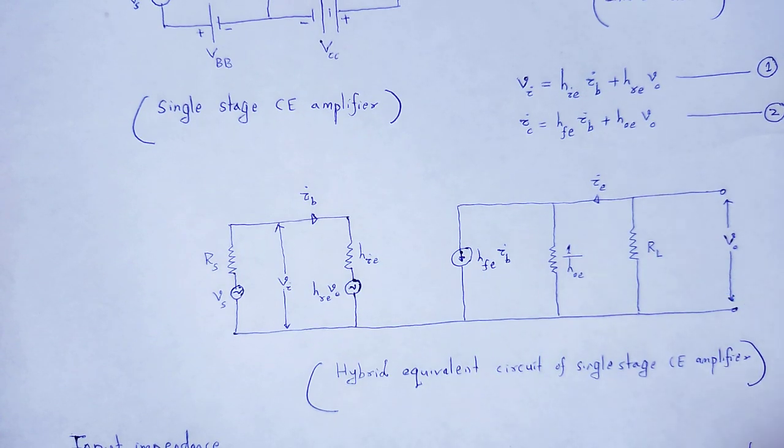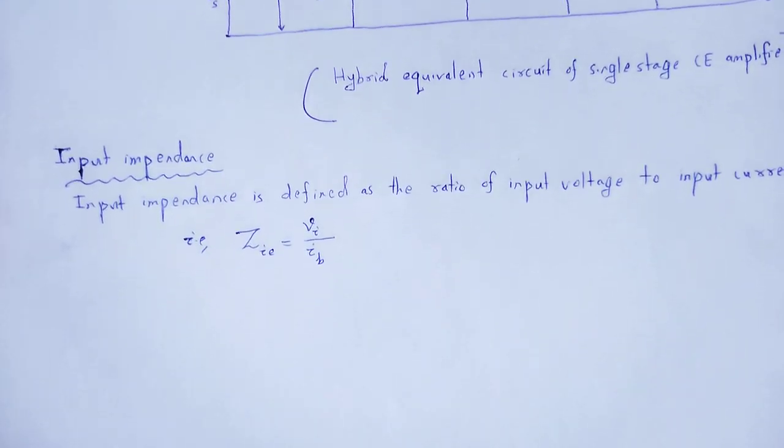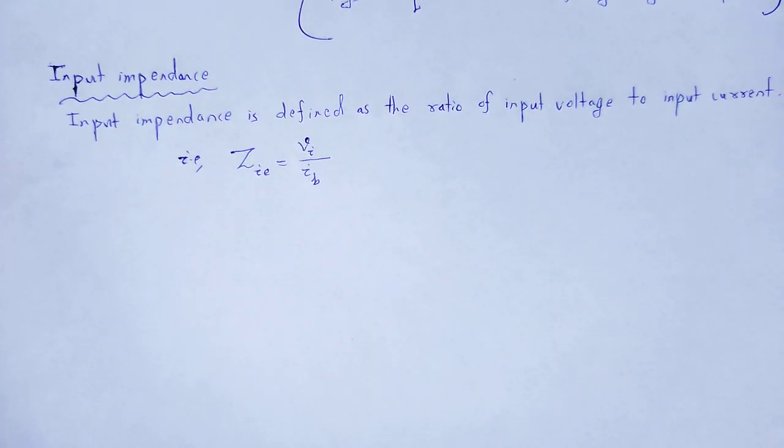Now, by analyzing this hybrid equivalent circuit we can easily evaluate input impedance, output impedance, current gain, voltage gain and power gain. Let us discuss one by one. First one, input impedance.